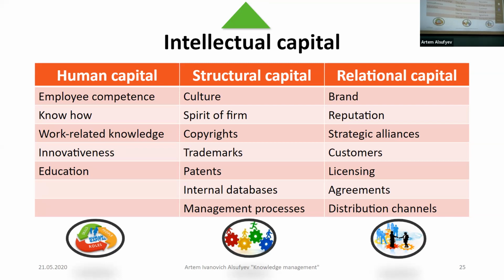When you're gonna do your analysis, we need to figure out in each element what is the core. First of all, what is rank 1, 2, 3 for each element of intellectual capital, but then you need to go deeper and understand what's in each element of intellectual capital, what is the most important part.